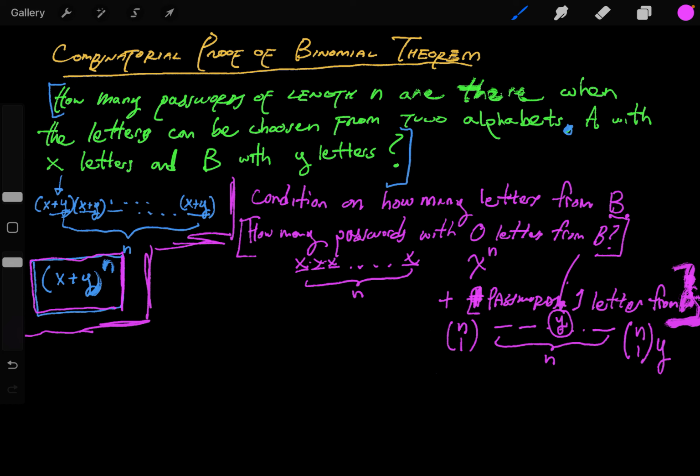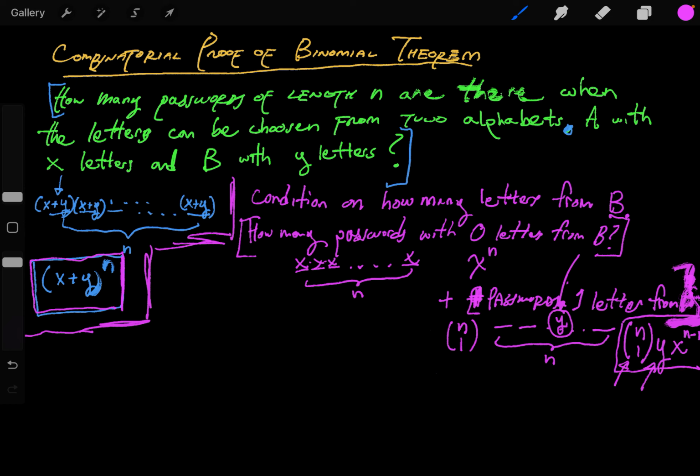I could put that letter from B in any of the n slots, which is n choose 1, and then I have Y choices for that letter from B. What remains is n minus 1 slots with letters from A, so it's X to the n minus 1. That's the count with one letter from B.